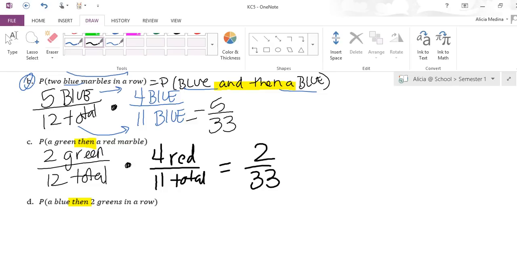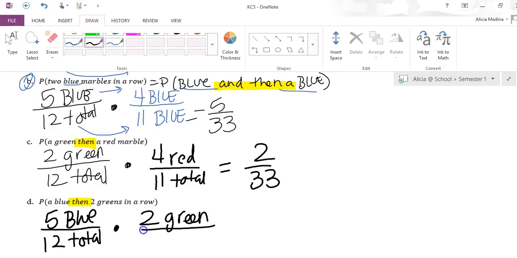Last one here is what is the probability of a blue and then 2 green in a row? So I have to have the probability of a blue. So 5 blue, out of 12 total. The word then means multiply. What's the probability of green? 2 green, but I have 1 less to pick from, so that's only going to be out of 11 total.